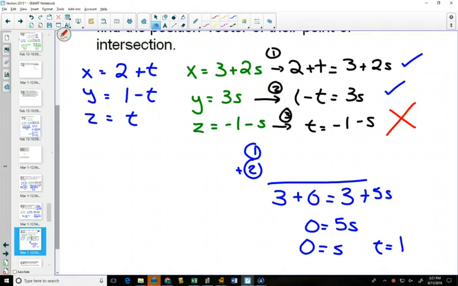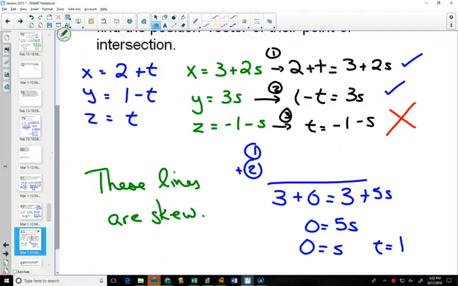So it's not enough to solve for s and t. You have to show that it also works for that third line. If it does not work for the third line, as in this case, these lines are skew.